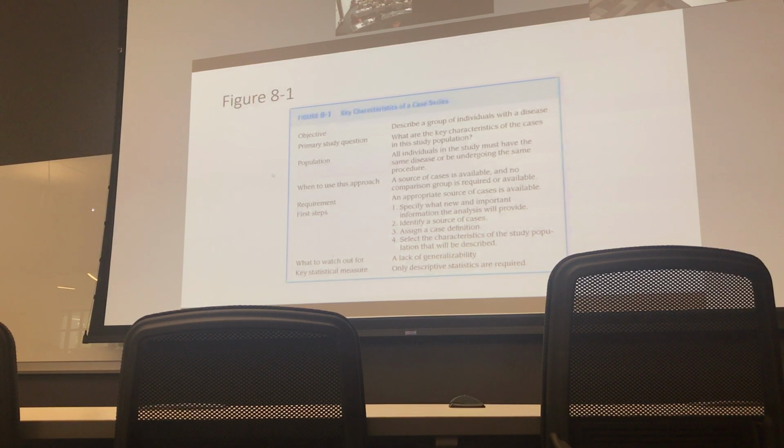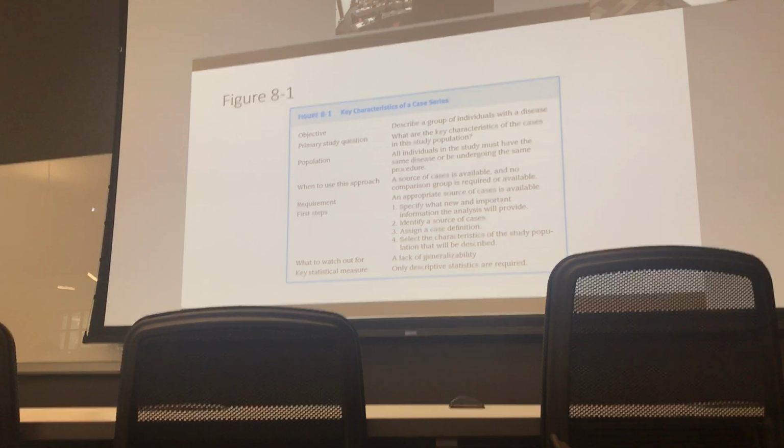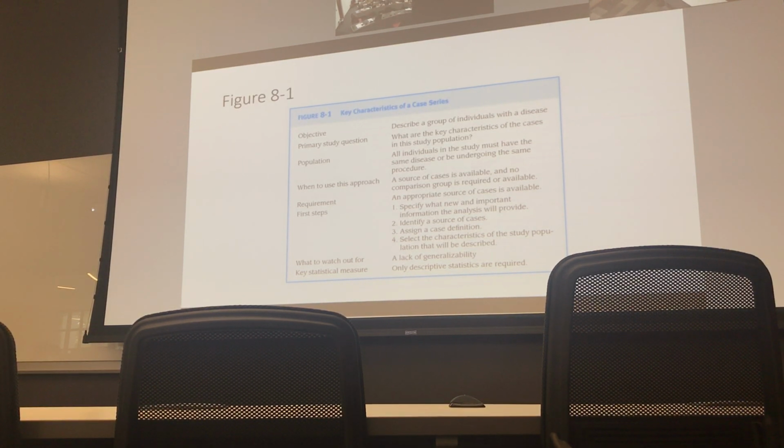And then the rest you guys can see, it talks about your first step, what to watch out for. With case control studies or case series studies, one of the issues you have to watch out for is that the disease is usually very rare, and so you're documenting these cases, you can't generalize it.